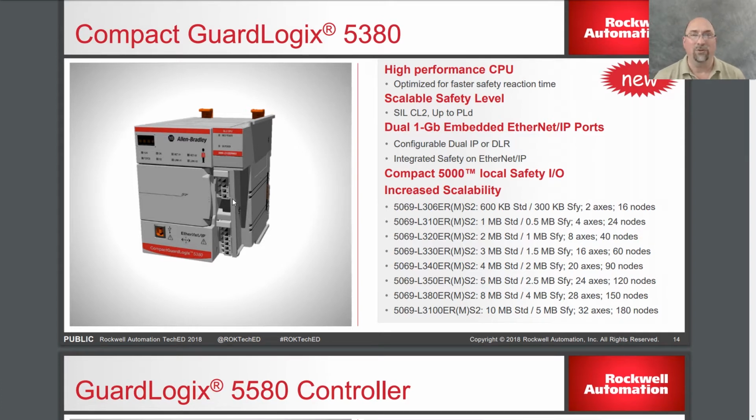So you don't have to use distributed I/O for your safety I/O anymore, which I think is awesome, especially for the small machine builder who has to have a safety PLC on their system. That not only saves cost, but also saves complexity. So in the past, people were buying the old Compact GuardLogix and then putting all of their safety I/O on a network. And hey, it works, but it's an added expense.